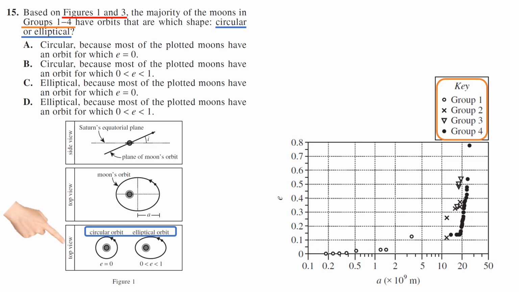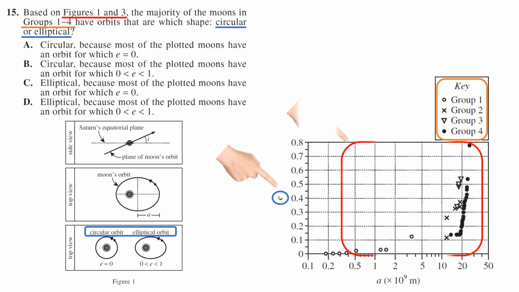Well, our chart doesn't even go as high as 1, so everything above 0.4, I guess, is going to be an elliptical orbit. So the majority of the moons, vast majority, all but 4, are elliptical orbits. And so why is that? We go to choice D, because they have an orbit greater than 0 but less than 1.